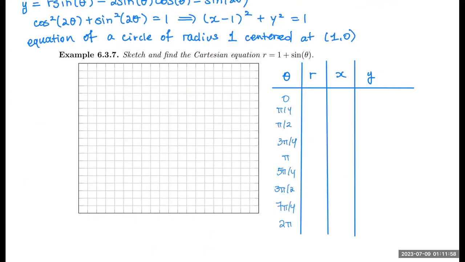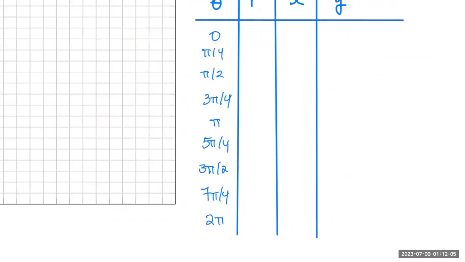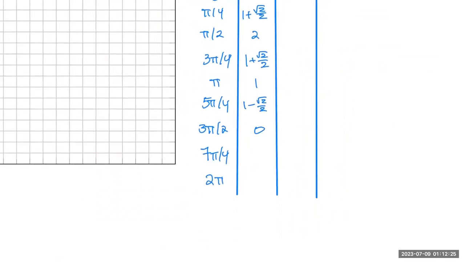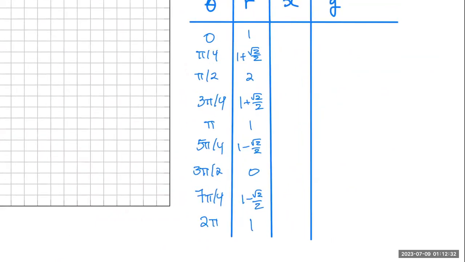All right, so using the same thetas, if we put it into the r column, what we should get is the following: 1, 1 plus root 2 divided by 2, 2, 1 plus root 2 divided by 2, 1, 1 minus root 2 divided by 2, 0, then 1 minus root 2 divided by 2, and then back to 1. So that's for the r.